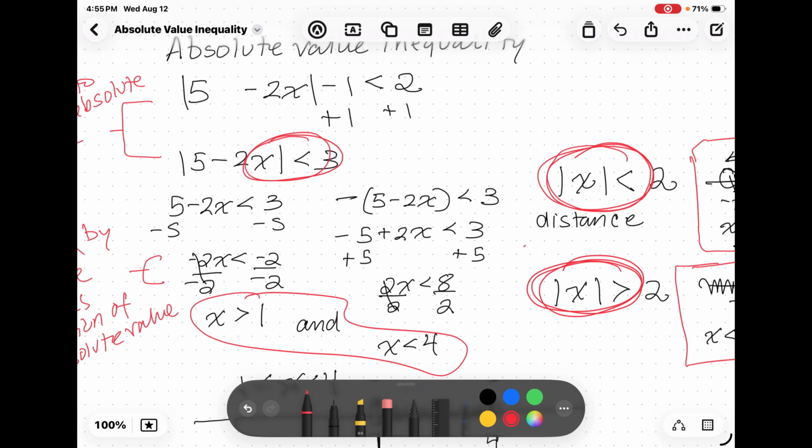If I change the direction of the sign, and also I'd want to look at these as well. What if I said less than or equal to, greater than or equal to? Okay, so I'm going to leave that for another video or for some classroom instruction if you're in my class. But that's a good introduction to absolute value inequality.